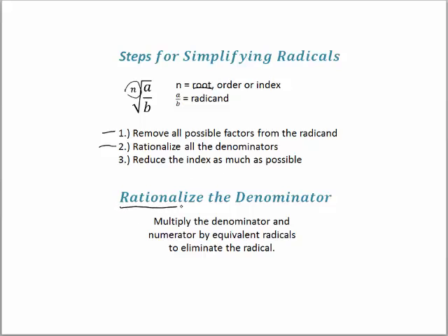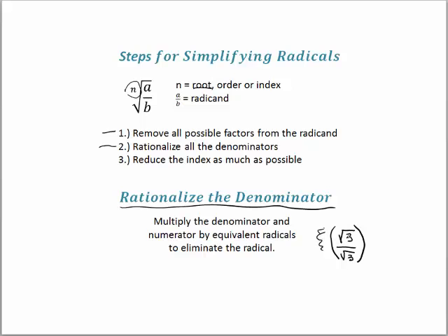Alright, now what is this rationalize the denominator? This is when we multiply the denominator and the numerator by equivalent radicals to eliminate the radical. So if I were to take something here and multiply it by radical 3 over radical 3, would I be changing this?